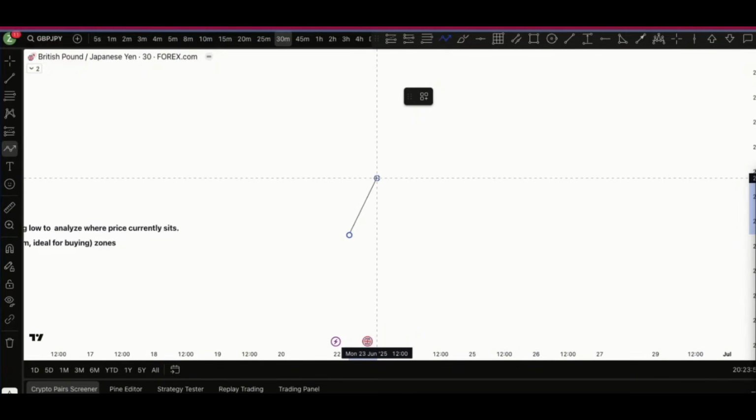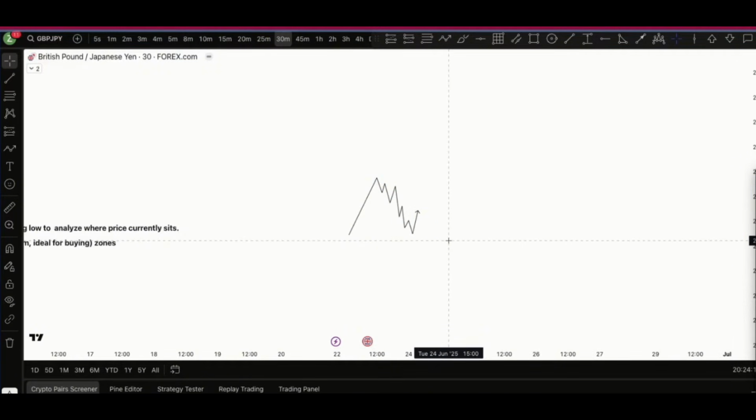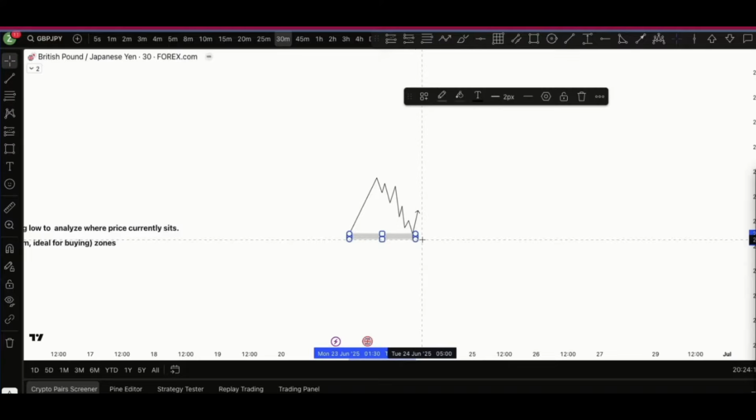Then within the main structure, we have something like this. We have something like this. We have something like this. And then price comes and takes this. So look at something. Now, this is a demand zone.